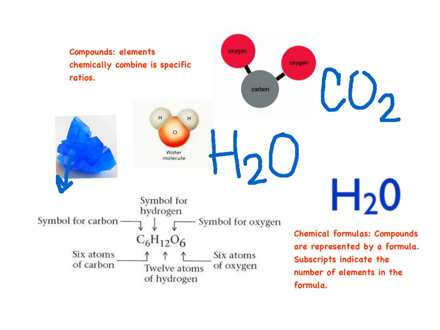This compound is C, lowercase u, followed by S O with a 4. This indicates that there is 1 copper, 1 sulfur, and 4 oxygen atoms present. Chemical formulas are compounds represented by a formula, and the subscripts tell us the number of elements in that formula.